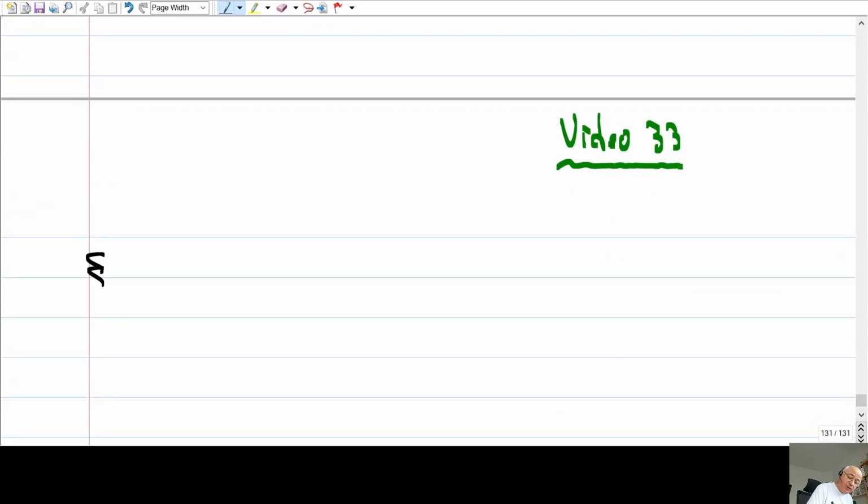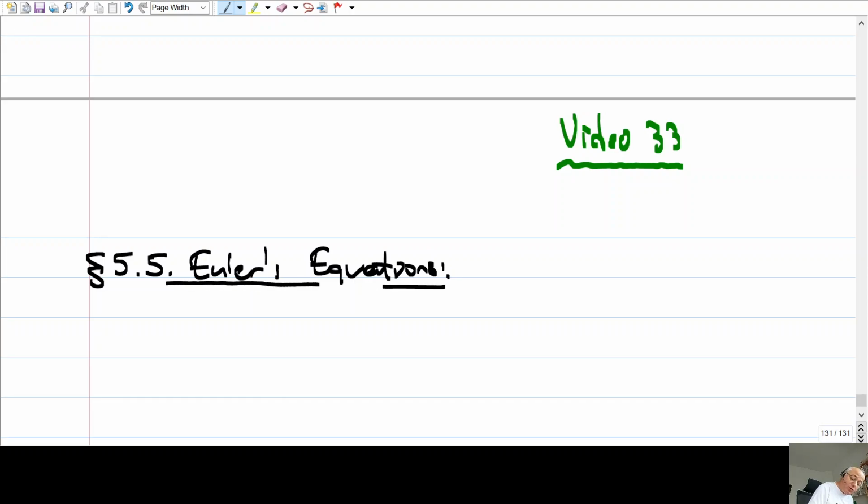Okay, so this is section 5.5, Euler's equations. What's an Euler's equation?